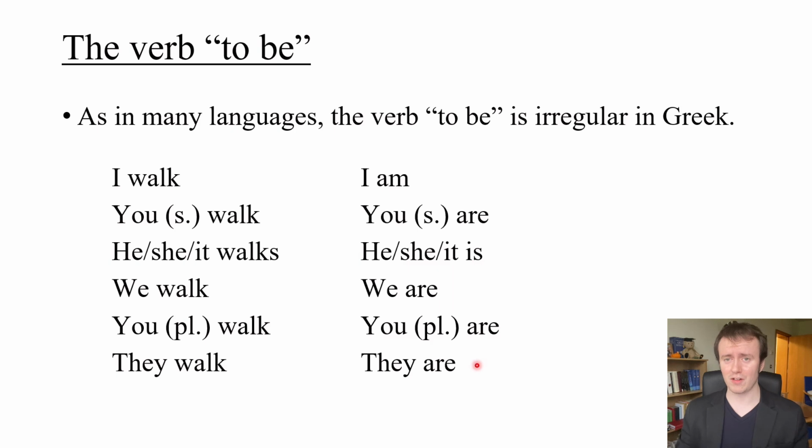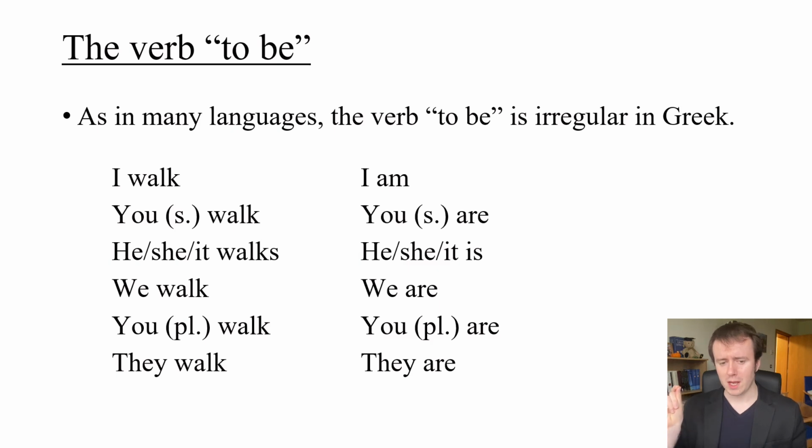So there's this alternation between am, is, and are, according to who is doing the action. So unlike with a regular verb, we don't just add s to the third person singular form, we have more drastic and unpredictable changes that non-native speakers of English just have to learn.